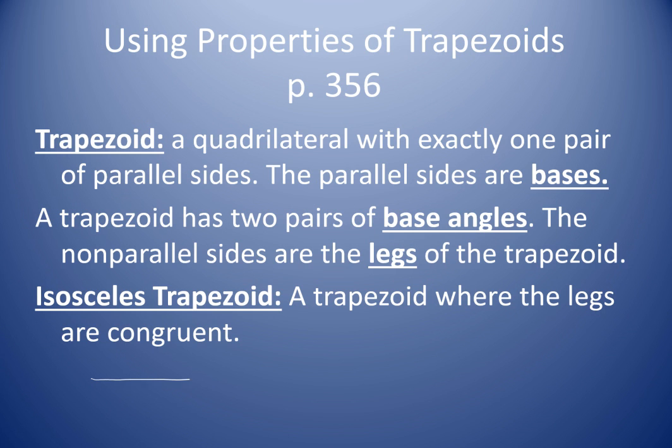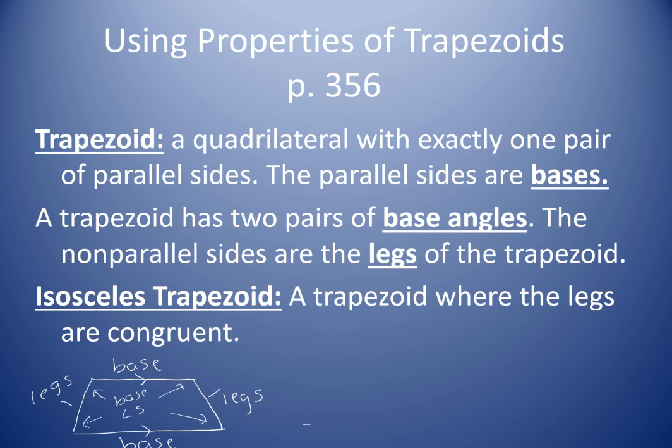Alright, so by definition, a trapezoid has one pair of parallel sides. These sides are called the bases. The non-parallel sides are called the legs. These angles are called the base angles.